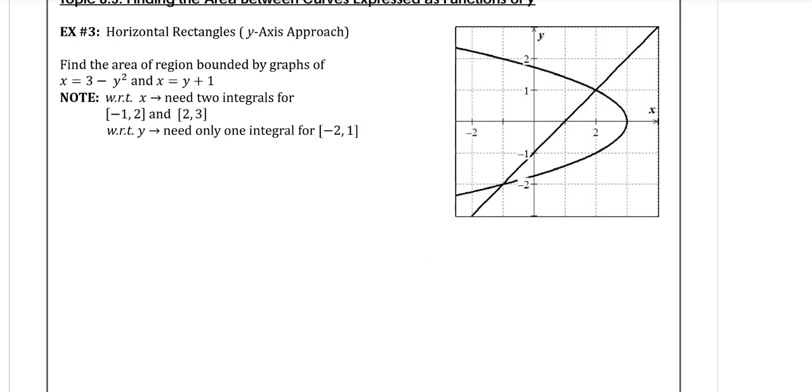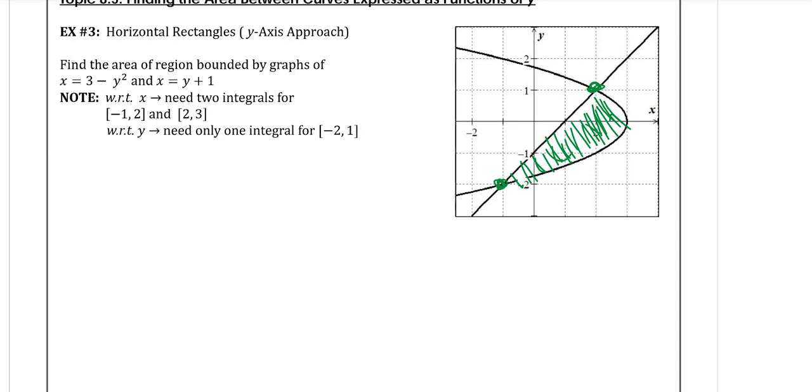So in that case, we only need to see where the two curves intersect, and they intersect here at y equals negative 2, and they intersect here at y equals 1. And in that case, the linear equation is always above the curve, and we have no need to do two separate integrals.